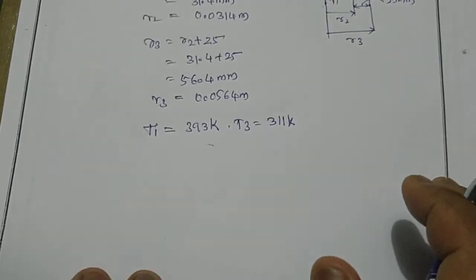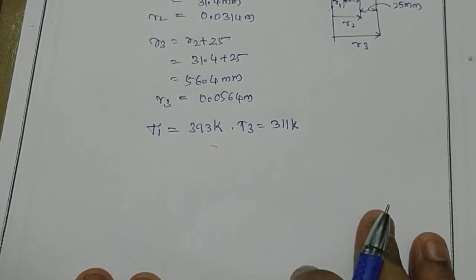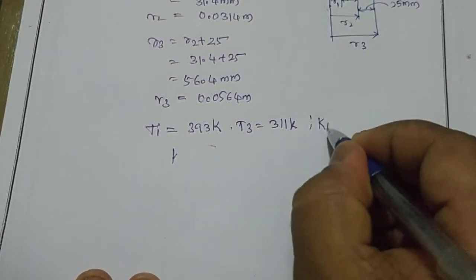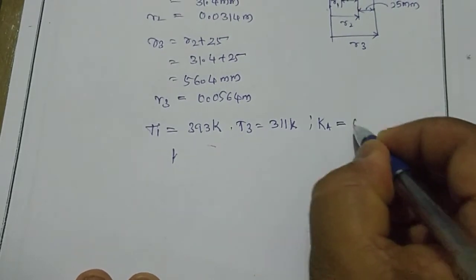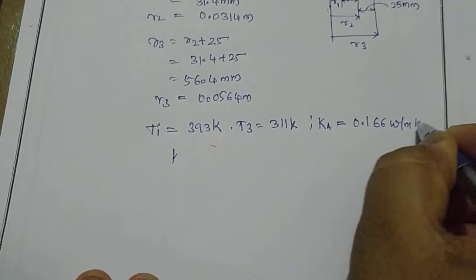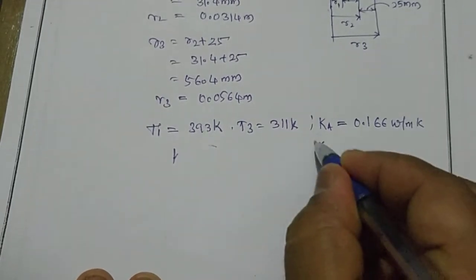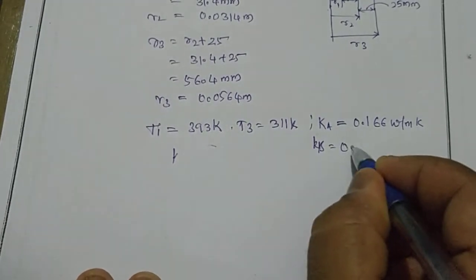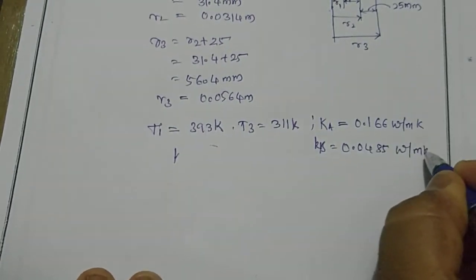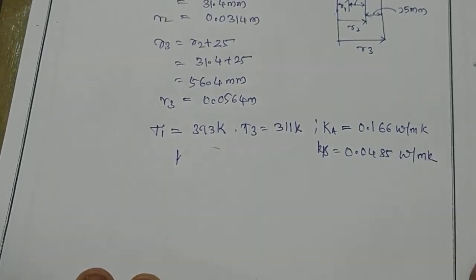Next, Ka is 0.166 watt per meter Kelvin, and Kb is 0.0485 watt per meter Kelvin. So what do we have to calculate now?